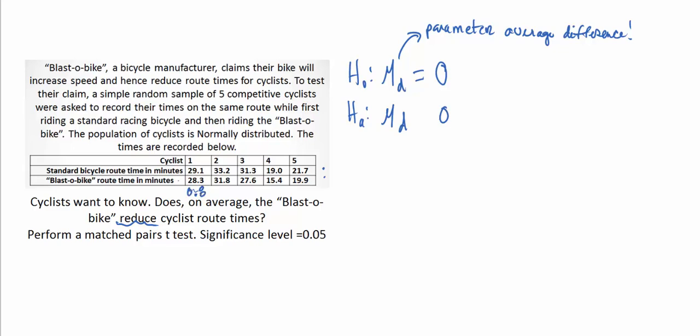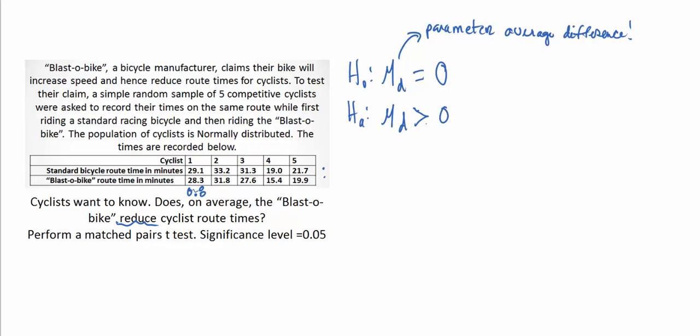We simply subtract 28.3 from 29.1, and we get 0.8. What this means is if we were to get all positive values, so if our average is greater than 0, then the Blastobike would actually decrease route times because it was faster. So our alternative here will be mu d is greater than 0.